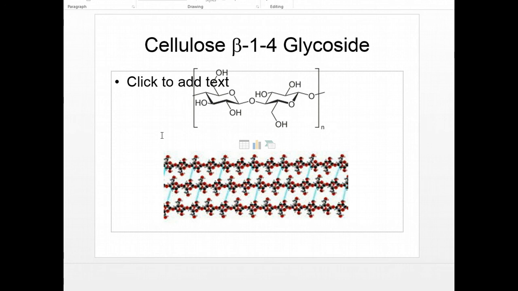And we can't digest cellulose. But we can, of course, digest starch. Starch is an alpha. And so what this picture is trying to show you is these individual chains, and then the blue, if you can barely see that blue, that's the bonding between these cellulose chains.